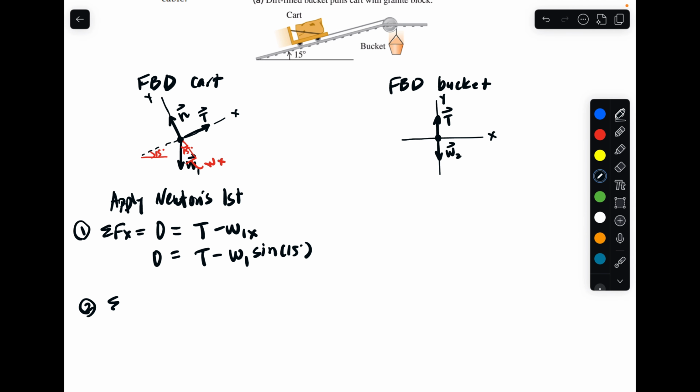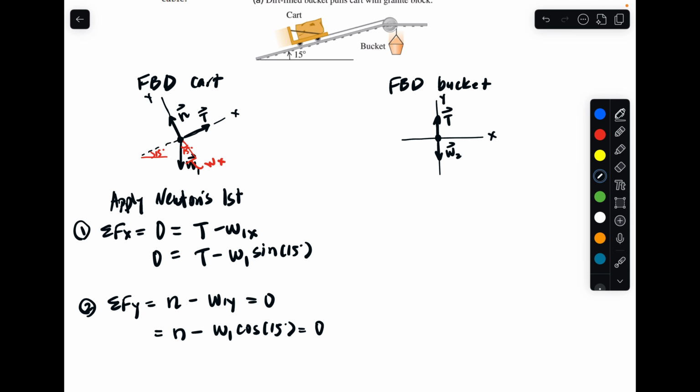Equation 2 will be the sum of all the forces in the y. And the sum of all the forces in the y on the cart will be the normal force pointing up minus the component of the weight in the y direction. And that is going to be W1 cosine 15 degrees.